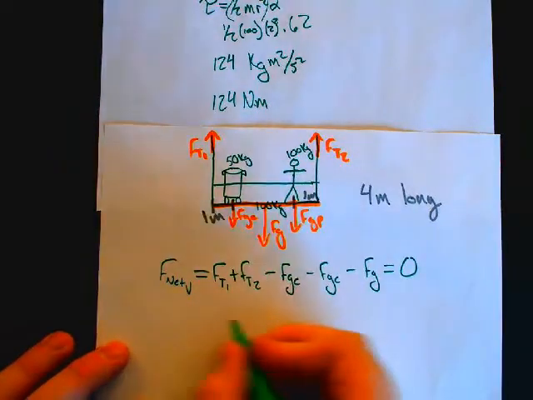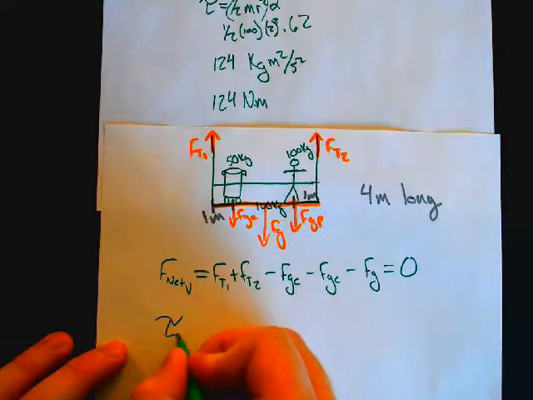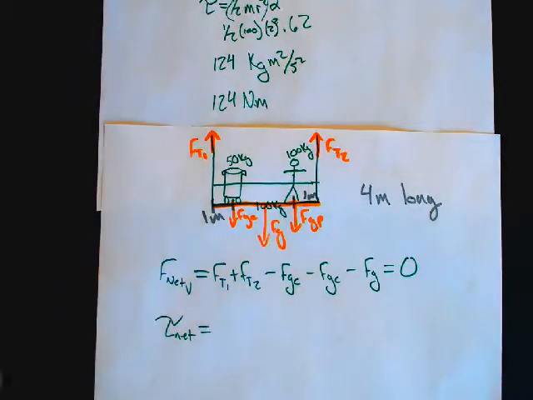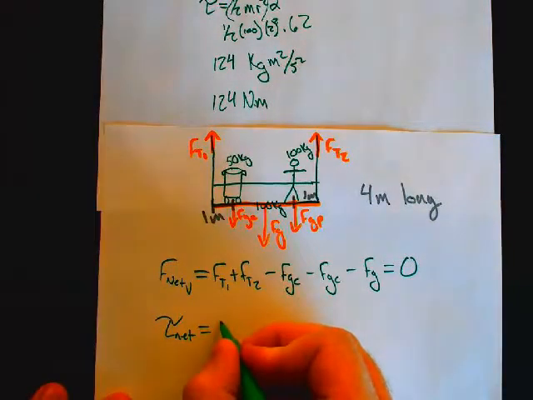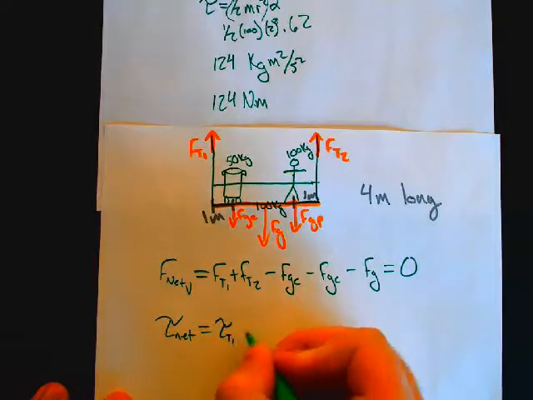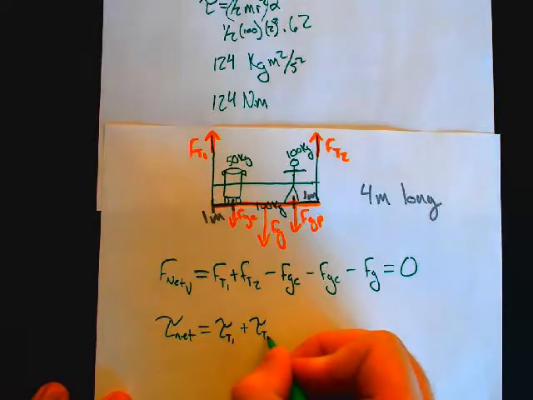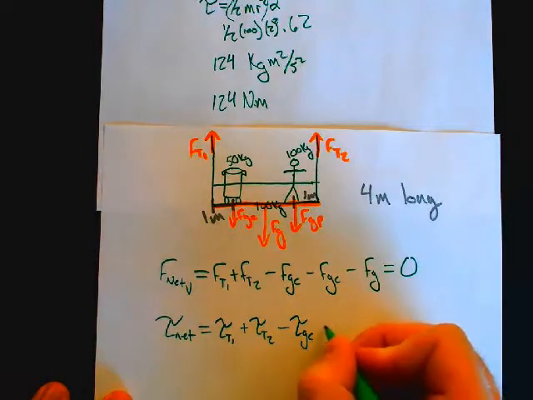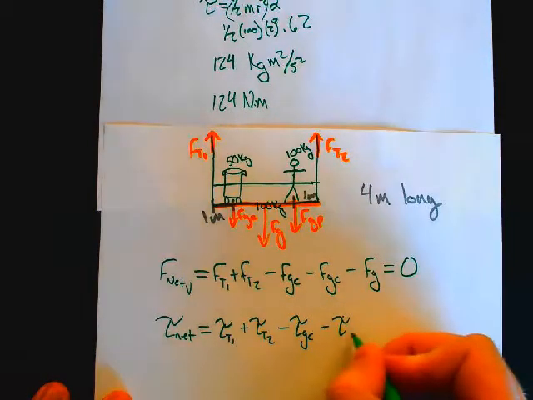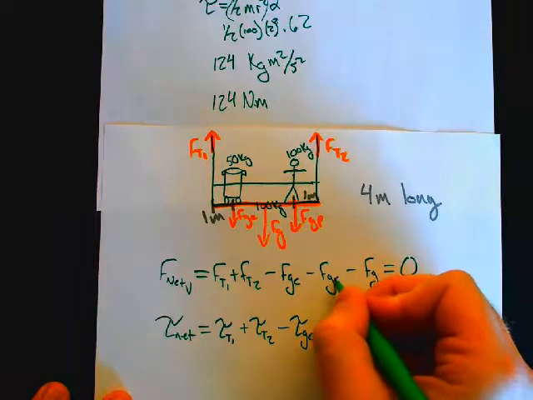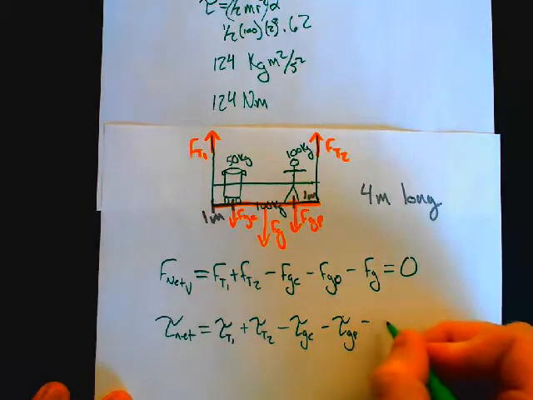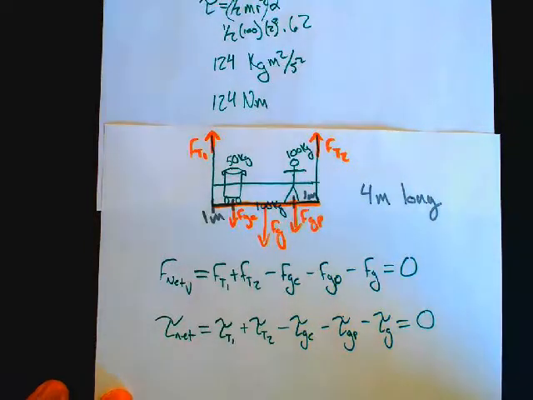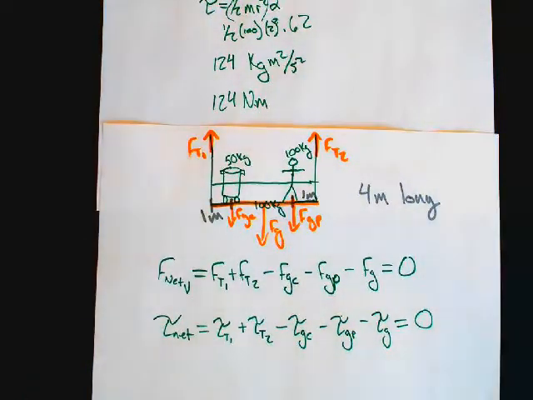So I'm going to rewrite this. Torque net. Now, there's no dimension for torque because it's a circle. Is going to be torque of tension 1 plus torque of tension 2 minus the torque due to gravity on the can minus the torque due to gravity on the person minus torque due to gravity of the scaffold, had better be equal to 0 or this guy's going for a fall.